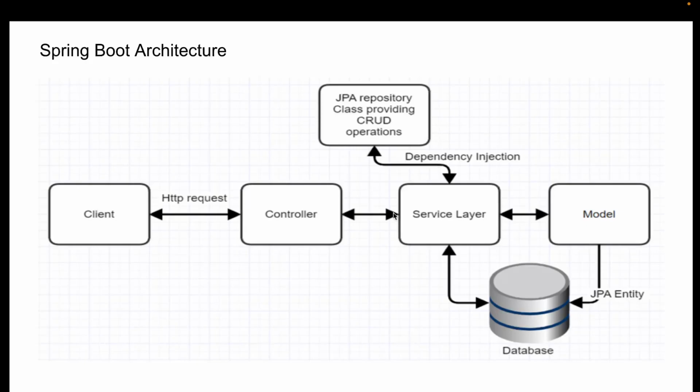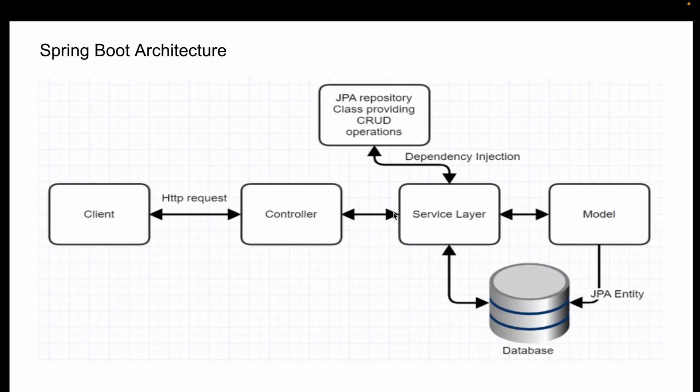So the repository layer gets the information from the database, it passes this information to the service layer, and the service layer further passes this information to the controller layer, and the controller layer sends this information to the client. And this model is basically the data that is being driven between the service layer and the repository layer. So did you understand the entire architecture?